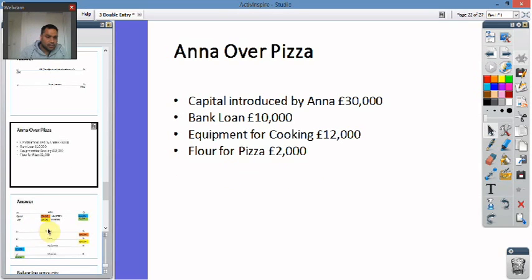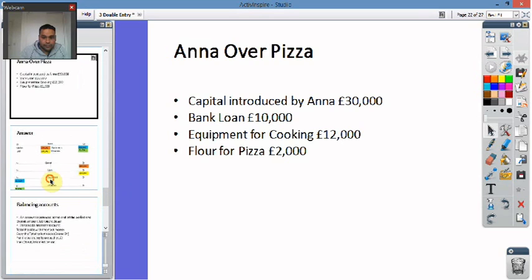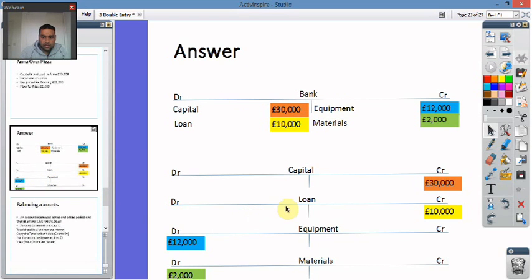Let's have a look at the entries made then. We've got materials or purchases for £2,000, that was the last entry we made. Capital introduced is on the debit side for cash. Capital was increased, credited by 30,000.